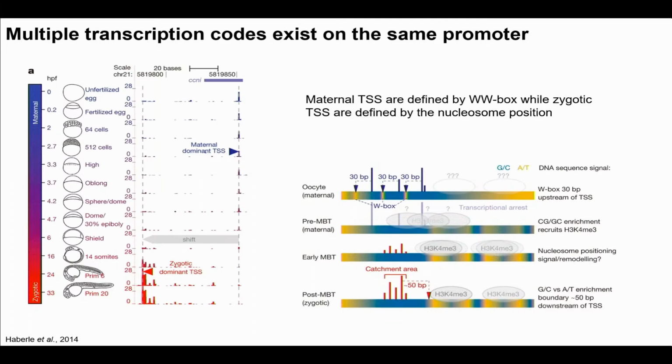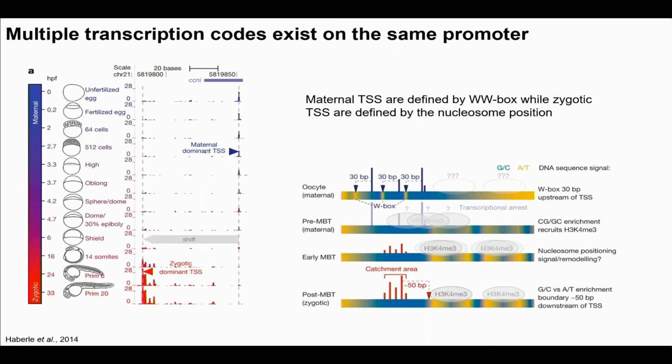There is this shift in transcriptional start site between the maternal stage and zygotic stage, because the maternal transcripts are characterized by the sharper promoter located around 30 base pair from the W box. So the W box is the AT-rich oligonucleotide sequence, similar to TATA box, but a little bit degenerated.